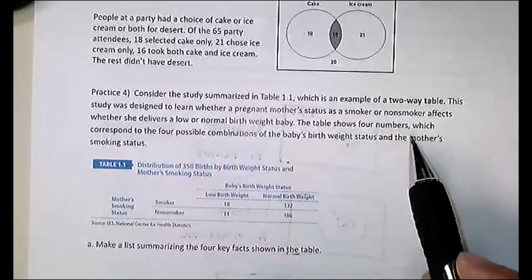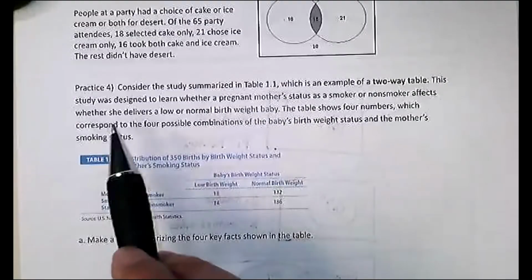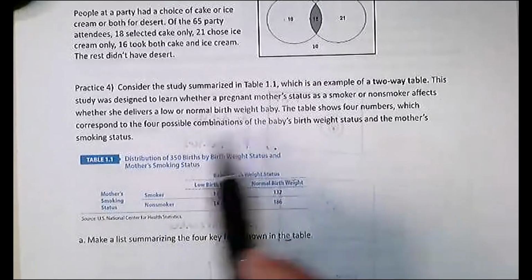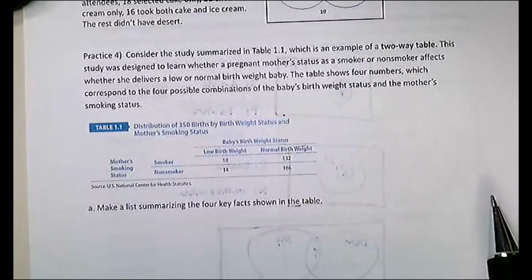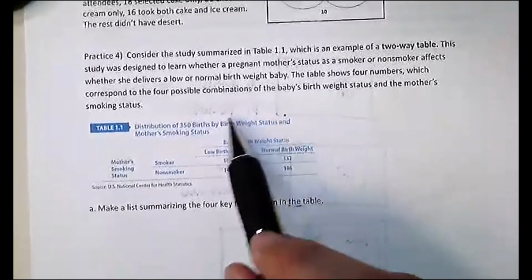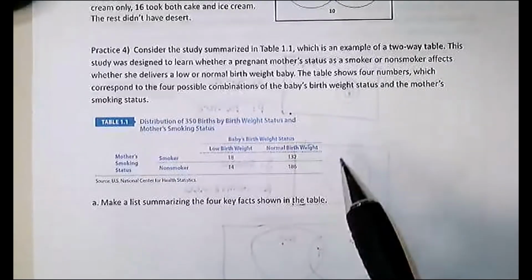The table shows 4 numbers, which correspond to 4 possible combinations between birth weights and mother's smoking status. Okay, so you can see this on the lecture notes.